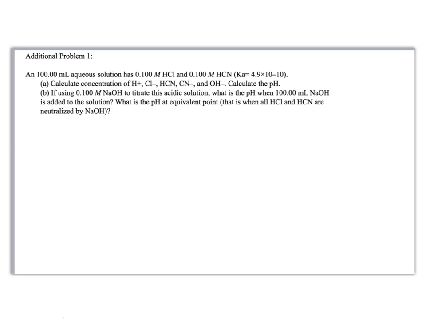Now, we'll need to figure out how much of each exists in the mixed solution. Based on the concentration and the volume of the solution, we know that in the original solution, we have hydrochloric acid, HCl, 0.0100 mole initially, and cyanic acid, HCN, we have 0.0100 mole as well.